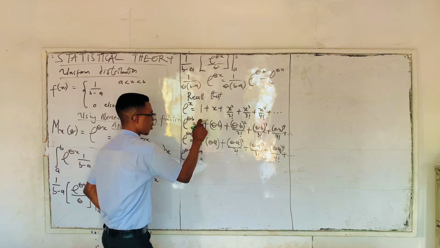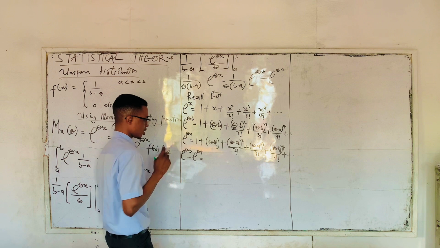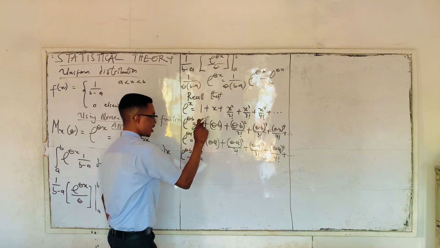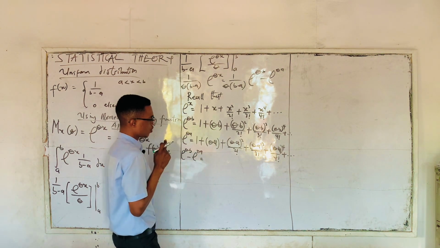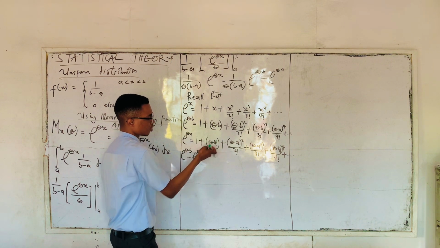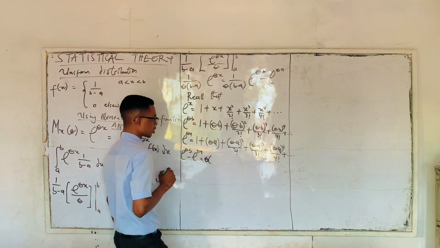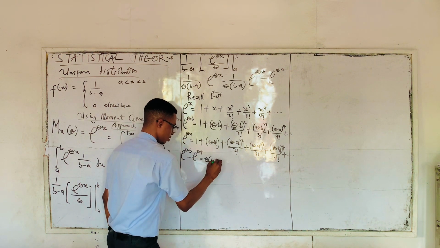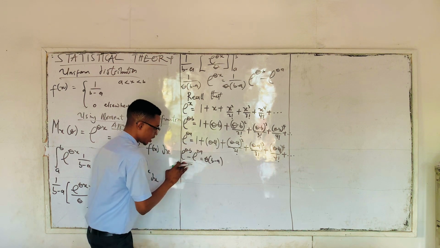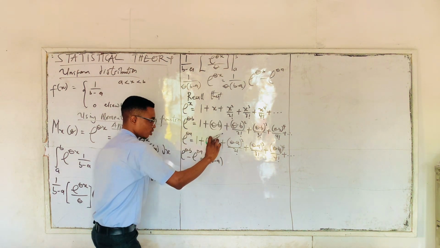So we have 1 minus 1, which will give us 0. And here we have this and this. And if you look at it, what is common between this expression and this expression is the theta. So we can bring out the theta to be theta into b minus a, because we have exponential theta b minus exponential theta a.